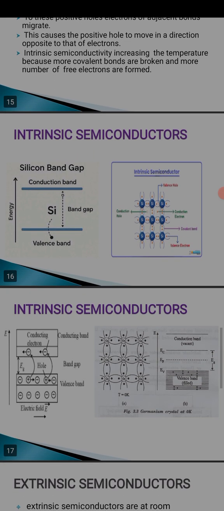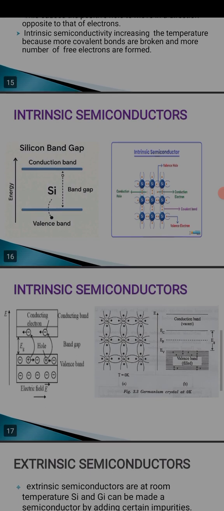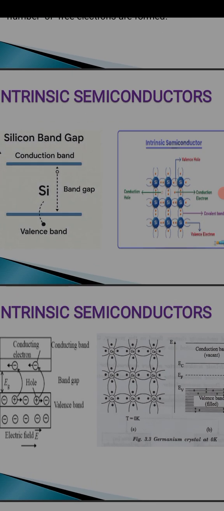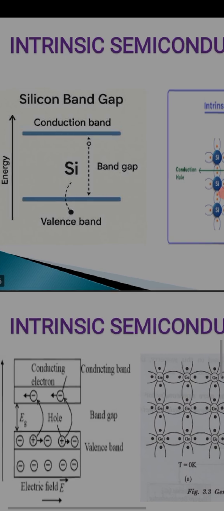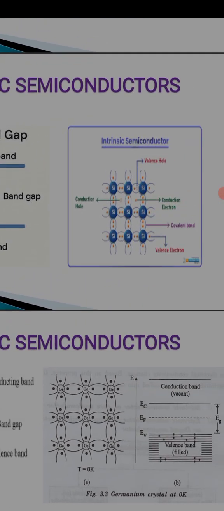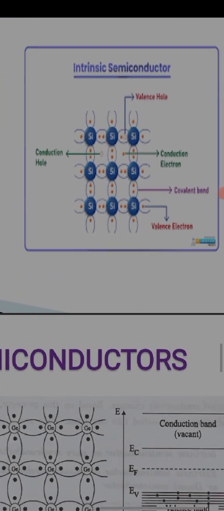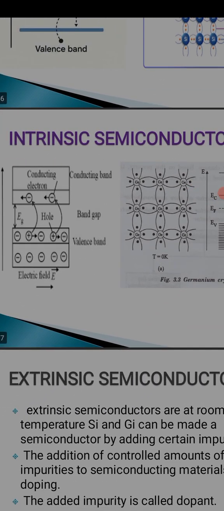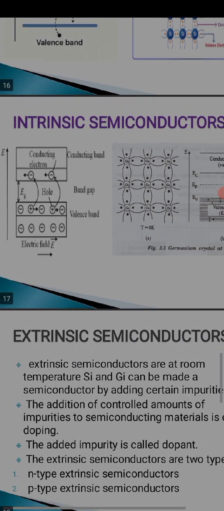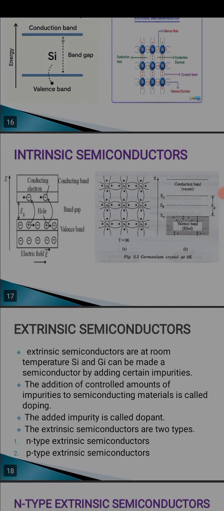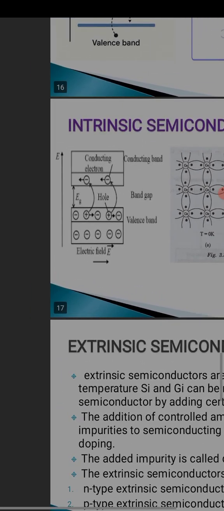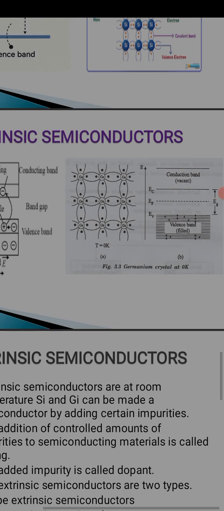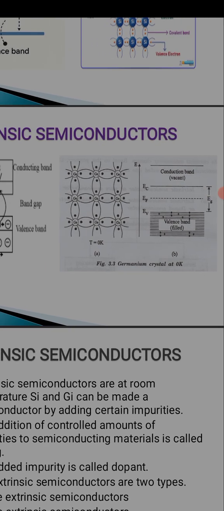This is an example of intrinsic semiconductors: silicon band gap and intrinsic semiconductor of silicon. This is the intrinsic semiconductor of germanium. This is the band gap of germanium, and this is a germanium crystal at 0 K.